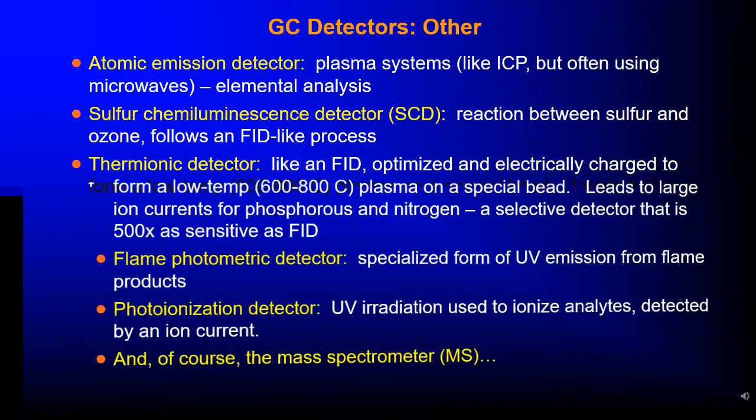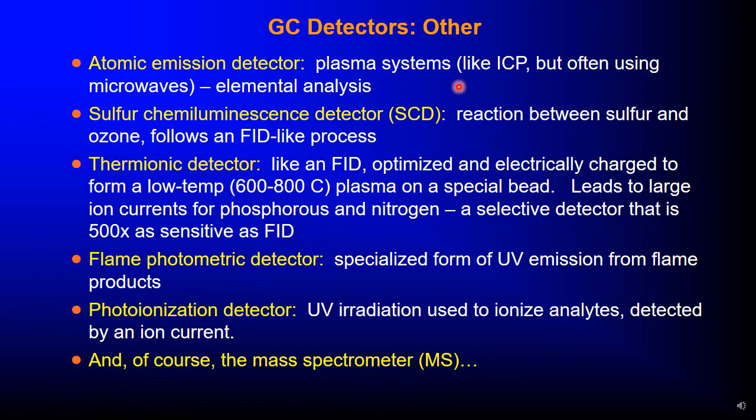And other detectors that we look at: atomic emission detector, the plasma systems, like inductively coupled plasma, but often using microwaves, elemental analysis, sulfur chemiluminescence detector, reaction between sulfur and ozone.